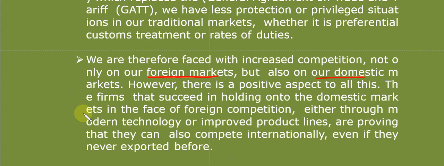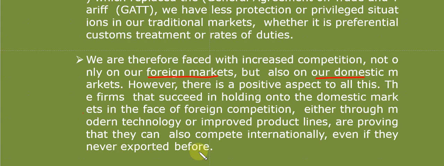So domestic company is faced with the situation to compete against foreign firms, either through modern technology or improved product lines, proving that they can also compete internationally, even if they never export before. Do you understand this one?